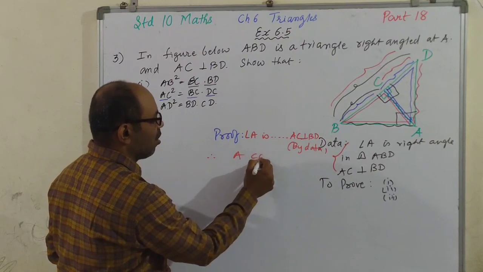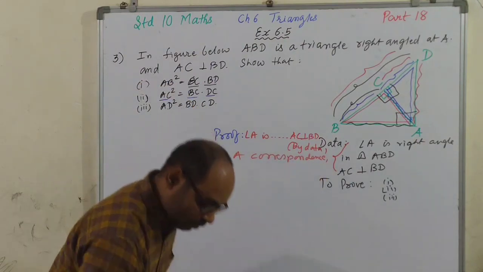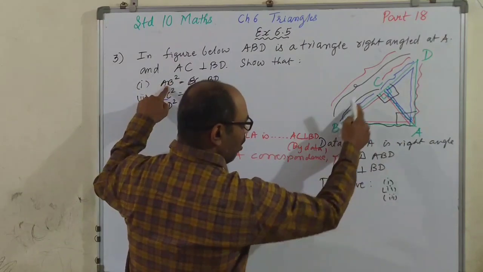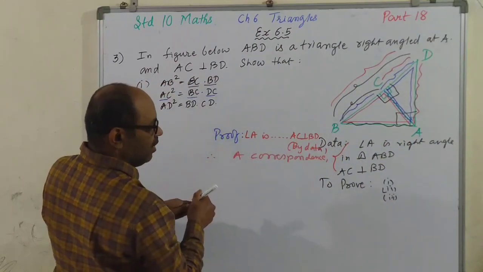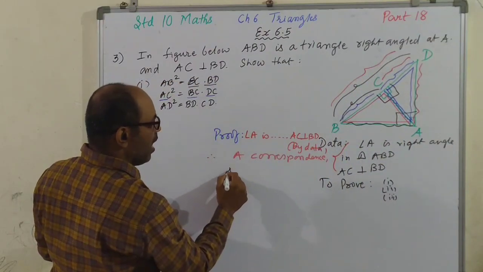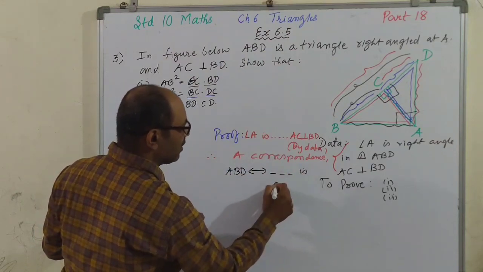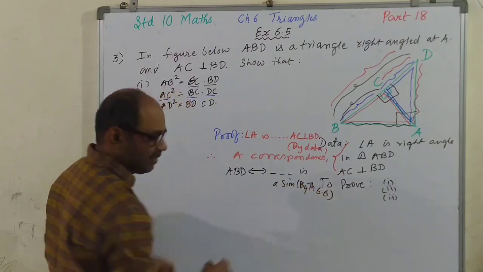Therefore, a correspondence. First AB. AB is involved in this red triangle and the whole triangle, which we have to take. So ABD corresponds to dash dash dash is similarity by theorem 6.6.